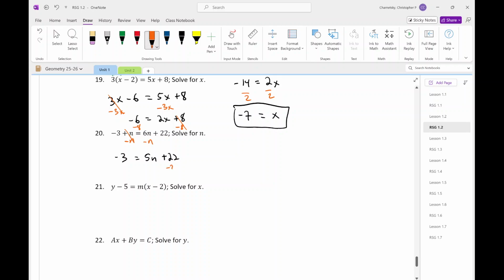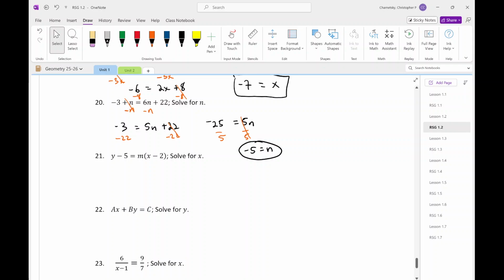I'm going to subtract 22 from both sides. So now we have negative 25 equals 5n. Divide by 5 on both sides, which gives us negative 5 equals n.